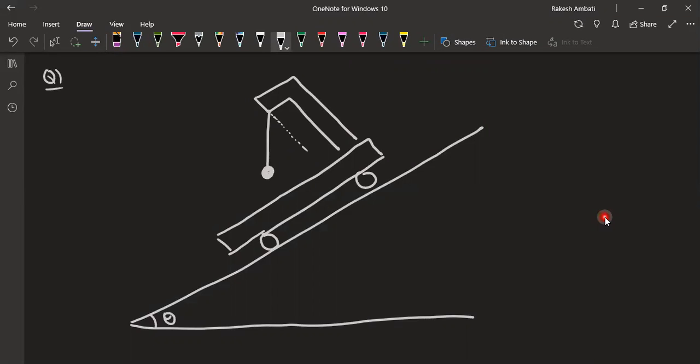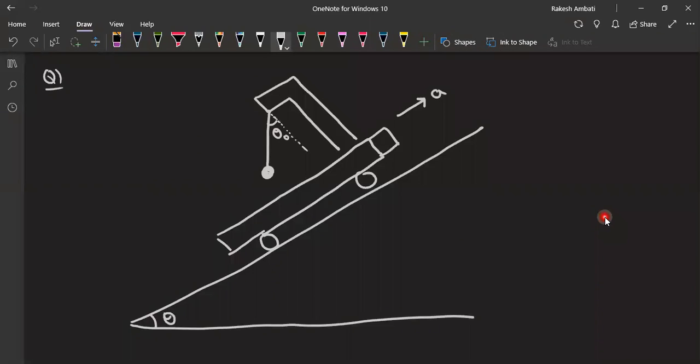In the question, it is given that this trolley is moving up the inclined plane with acceleration a, and the pendulum makes an angle, for example, theta naught.